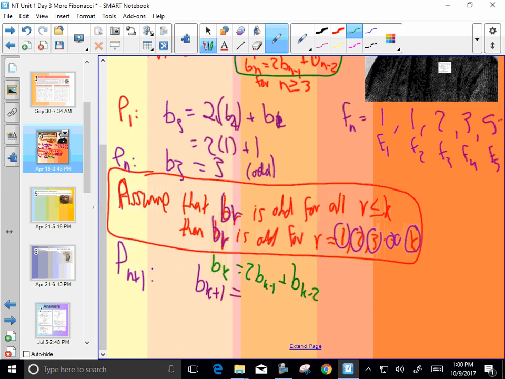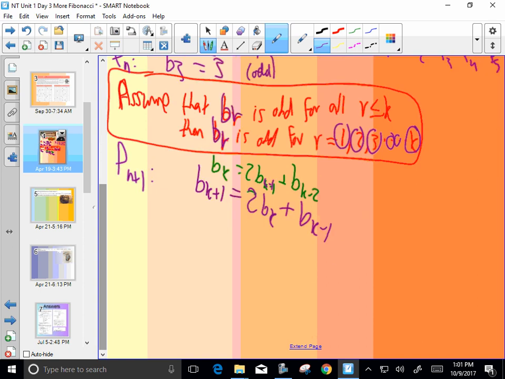What will B of k plus 1 be? It's 2B of k, plus B of k minus 1. So all I did is I upped the values in the sequence by 1.